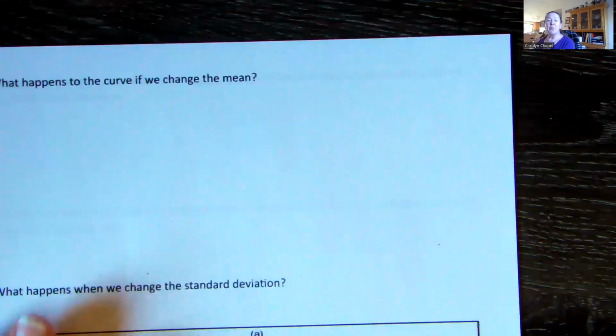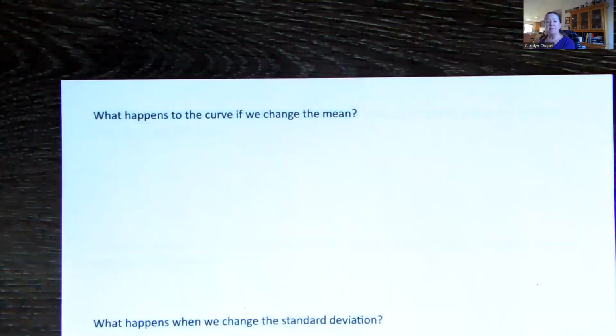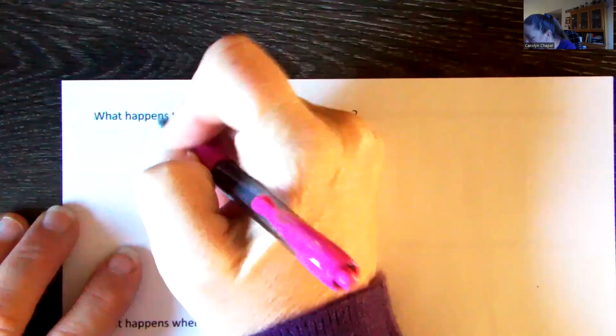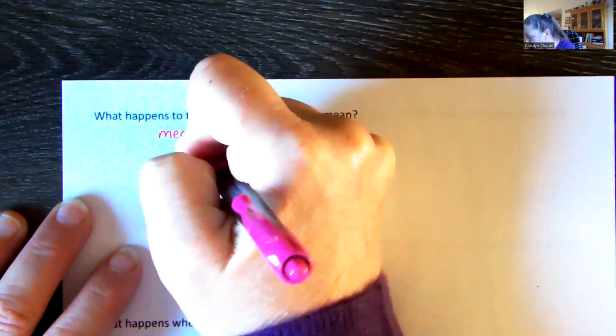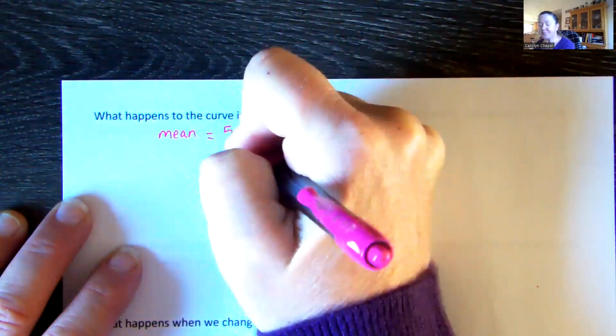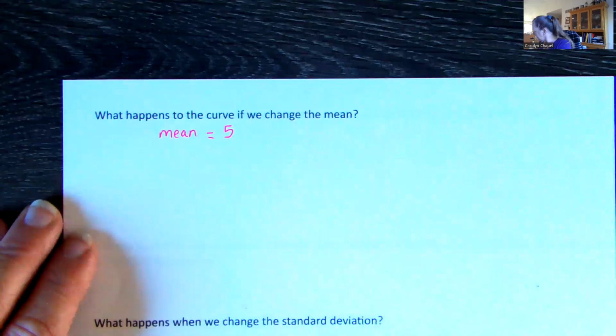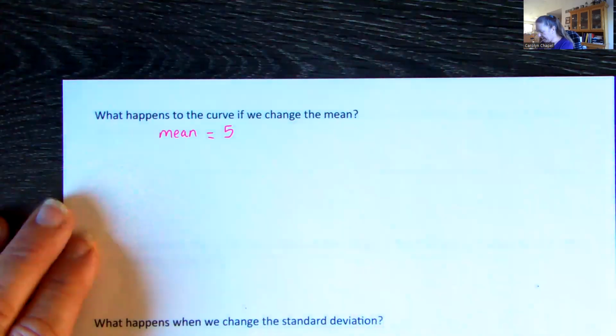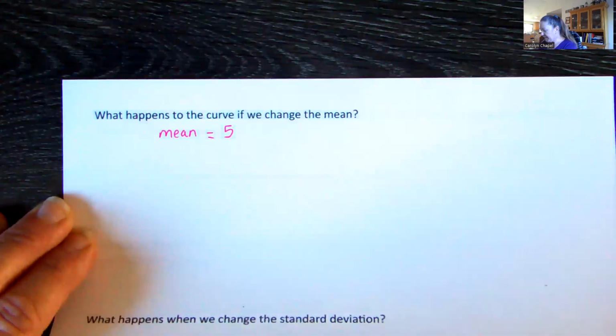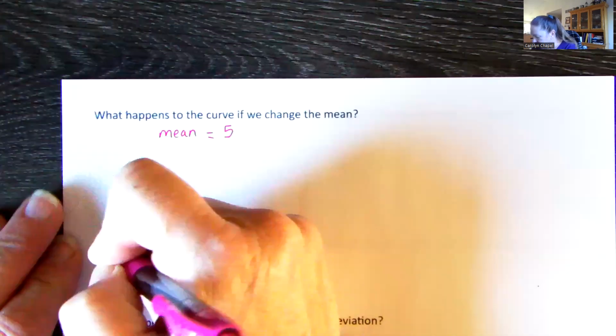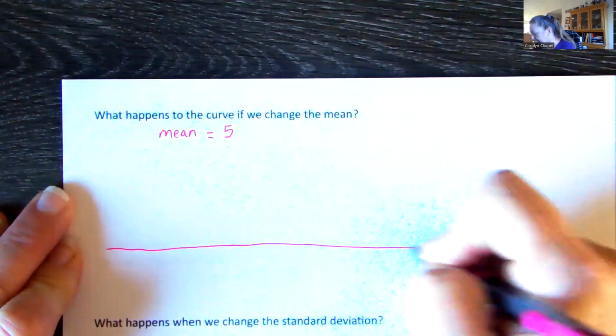Okay. So what happens to this curve if the mean changes? Let's say we have a mean equal to 5. Just some things to note. I'm going to put a number line here.